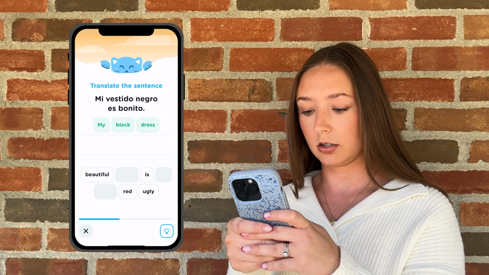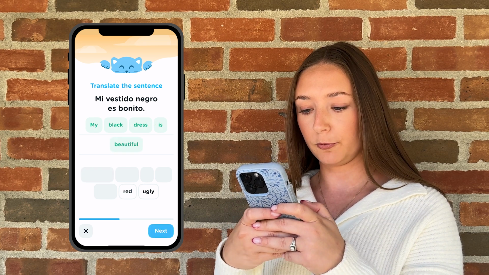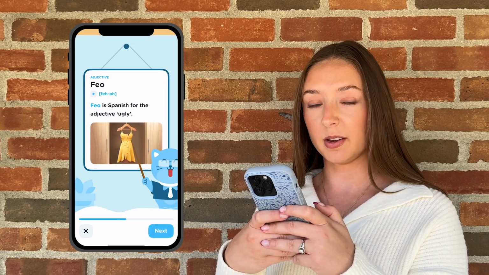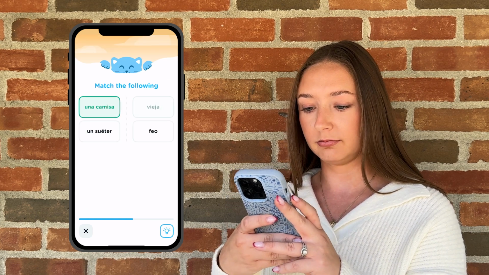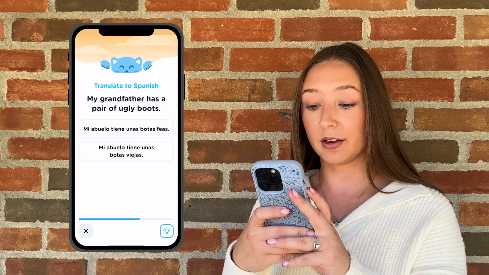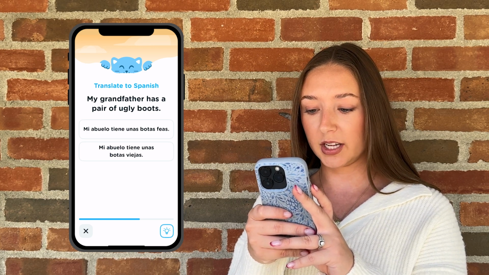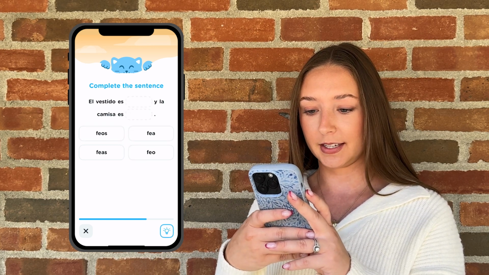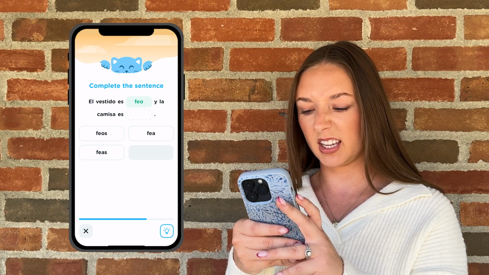My black dress is beautiful. Feo is ugly. Okay. Una camisa vieja, un suéter feo. My grandfather has a pair of ugly boots. Mi abuelo tiene unas botas feas. El vestido es feo y la camisa es fea. Very good. Thank you for helping me maintain my Unacademy streak because I can't lose it.